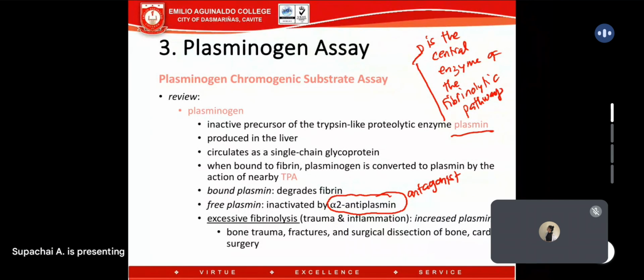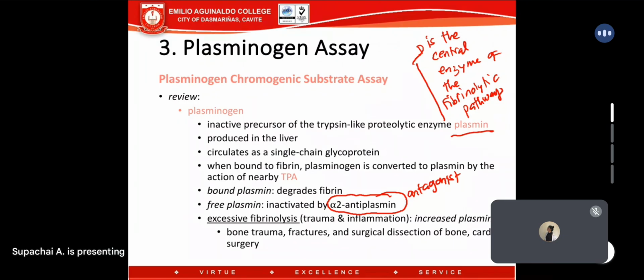The bound plasmin means that they have been attached to the fibrin already. And since they are attached to the fibrin, they are capable of degrading fibrin.